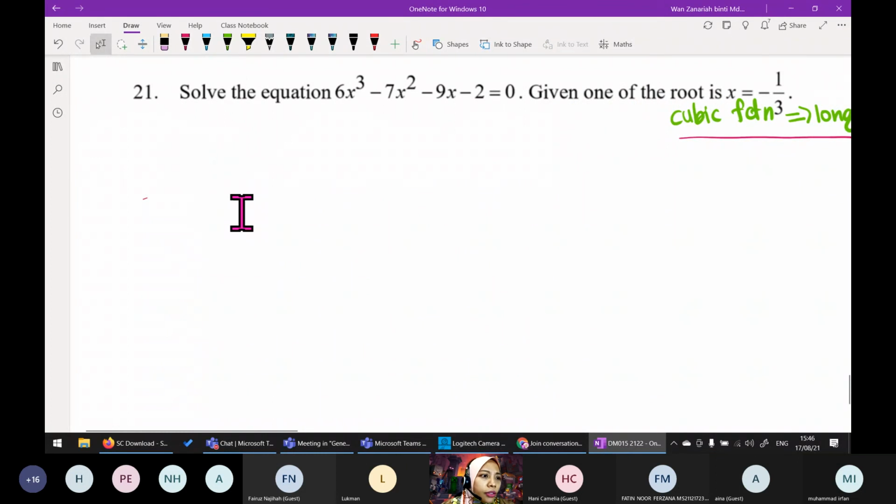Okay, so let's solve this. So basically 6x cube, sorry, 7x square minus 9x minus 2.